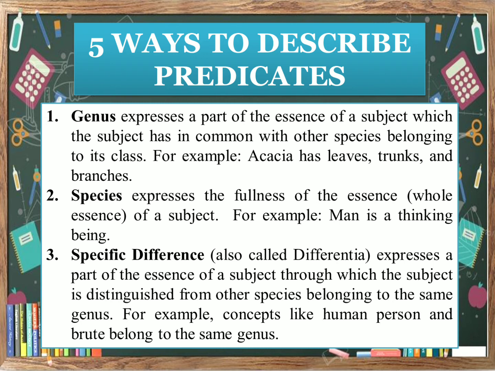Third, specific difference, also called differentia, expresses a part of the essence of a subject through which the subject is distinguished from other species belonging to the same genus. For example, concepts like human, person, and brute belong to the same genus.